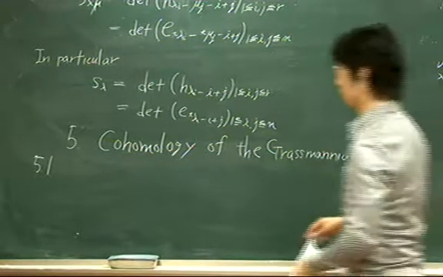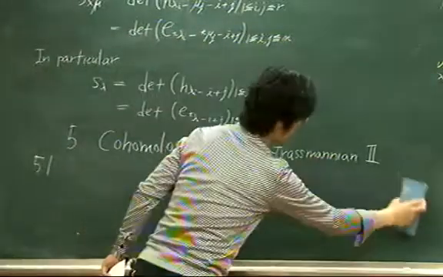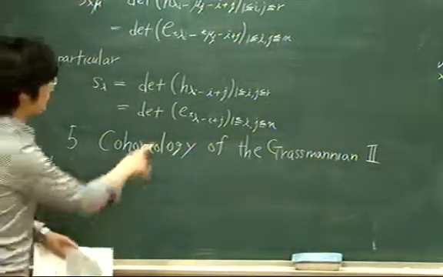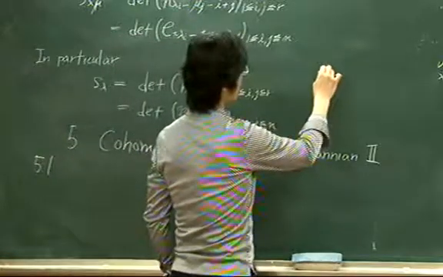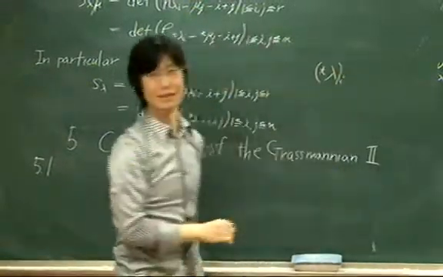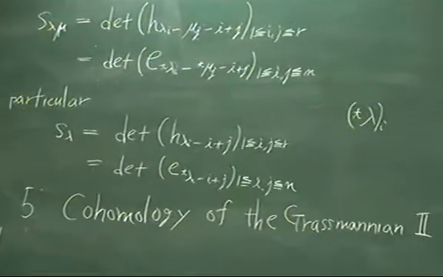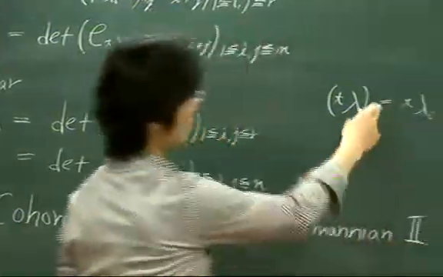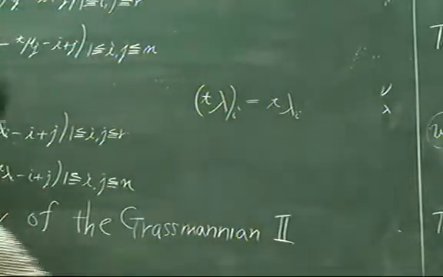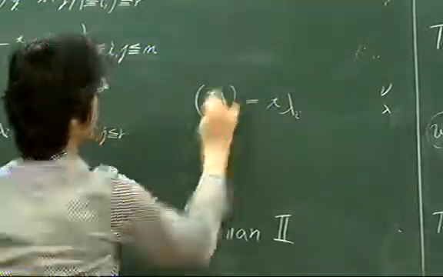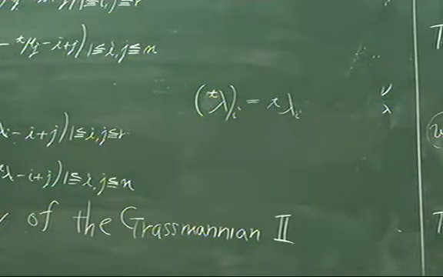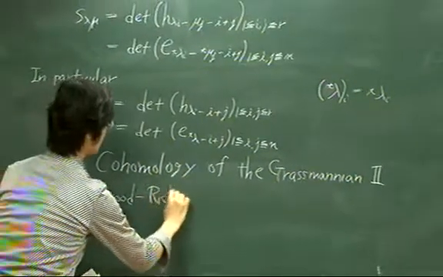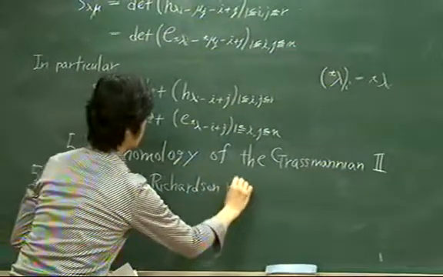We would like to describe the multiplicative structure of the cohomology. Here, T lambda_i denotes the conjugate partition. Littlewood-Richardson rule.